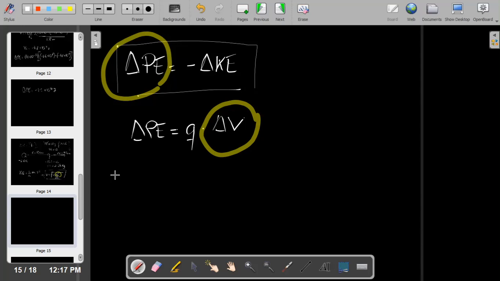So this is a problem that keeps on going. We need to find this change in electrical potential. And if you remember how to do that, this is going to be our final minus our initial. And don't confuse velocity with electrical potential. We're talking about electrical potential here, okay?